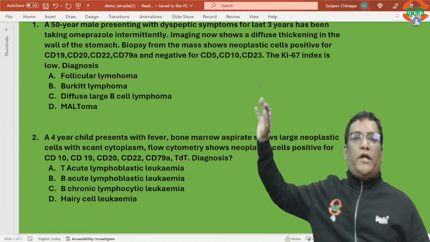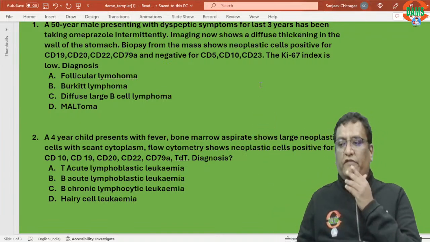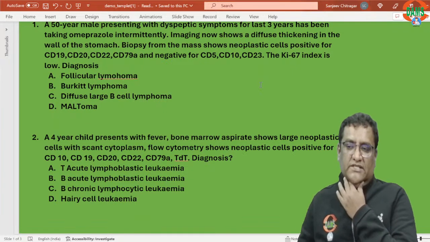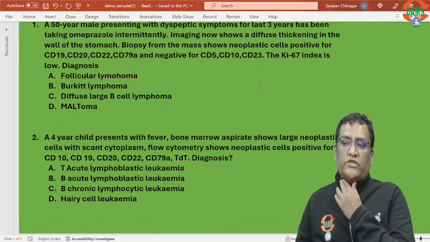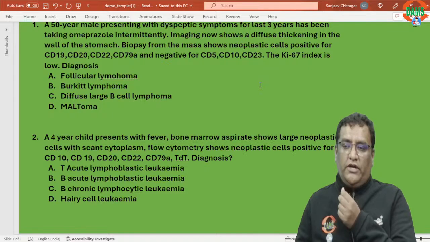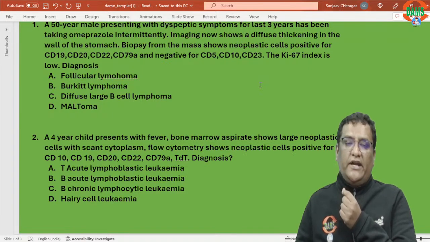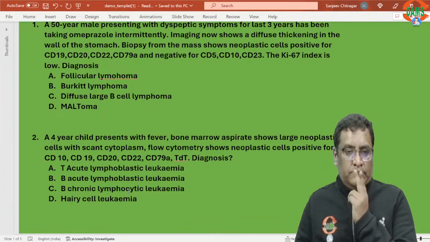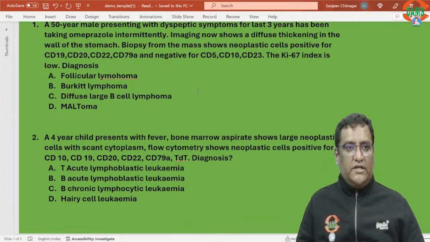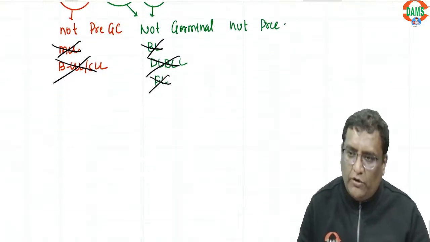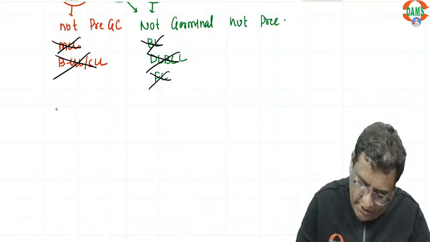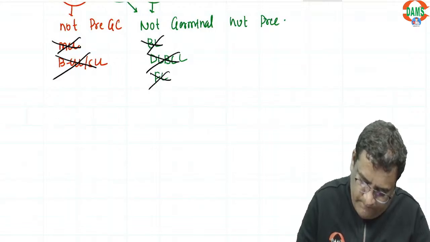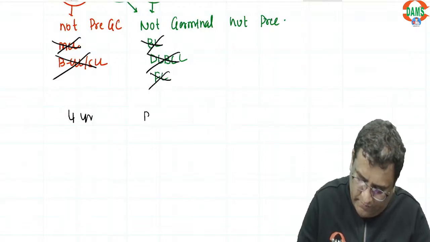A 4-year child presents with fever, bone marrow aspirate shows large neoplastic cells with scant cytoplasm, flow cytometry shows neoplastic cells positive for 10, 19, 22, 79A, TDT. Again, an easy question. Let me write down the markers here first for you guys. 4-year child, and it is a bone marrow aspirate.